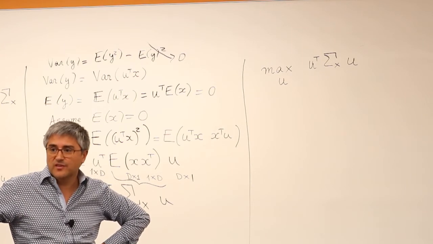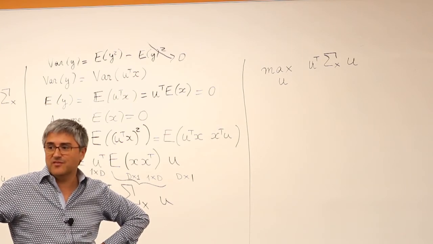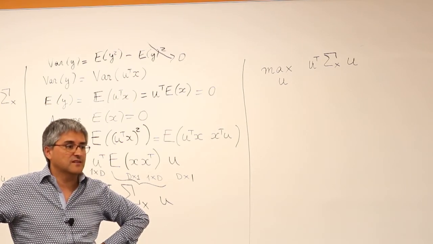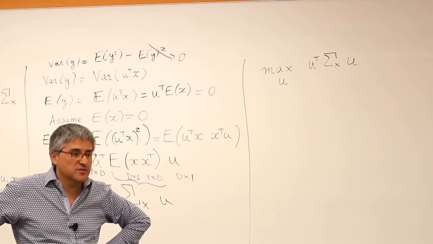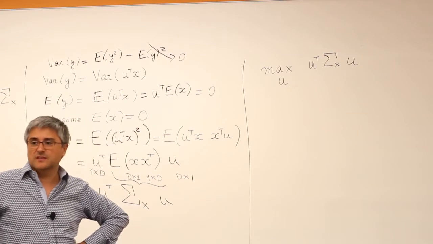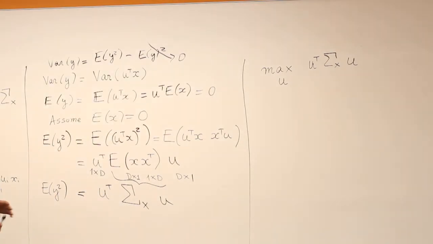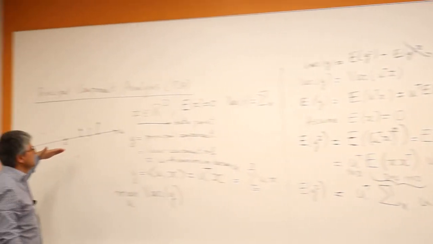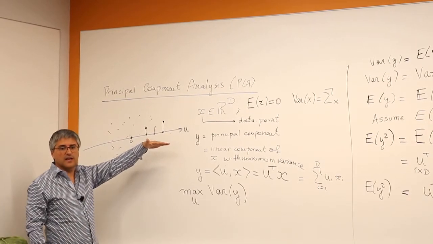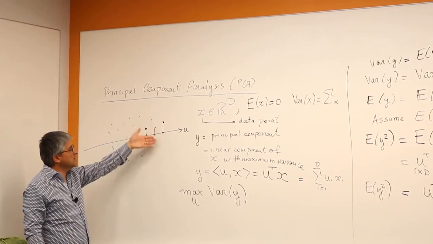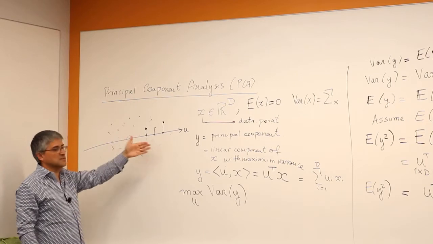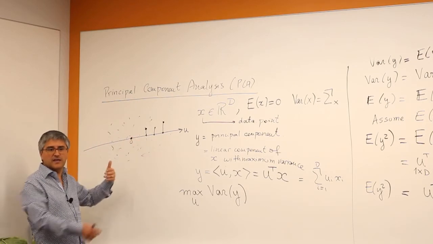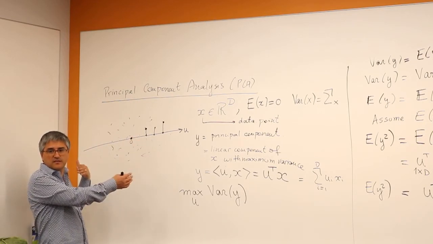Okay, so something is fundamentally wrong about everything I've been saying so far. So what's wrong? I need some constraint. What is the constraint? If I go back to my little picture at the beginning, this u was kind of a direction. The picture in my head was that I was going to project all of the points on this line, and then find the variance.